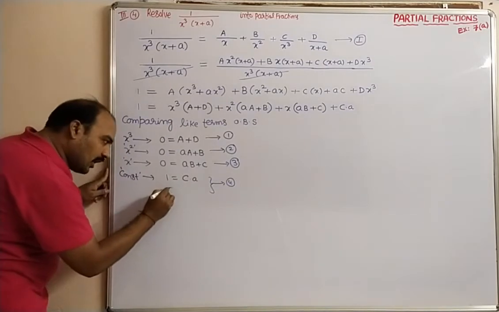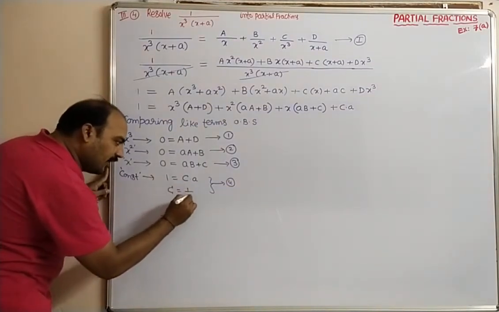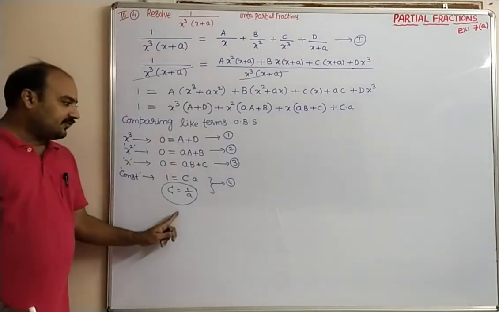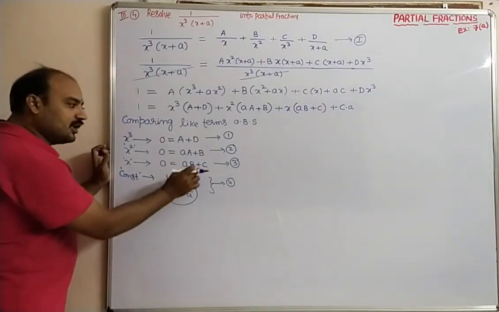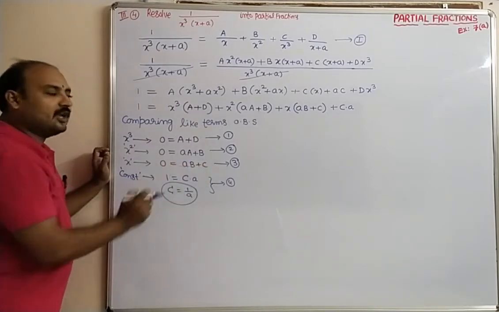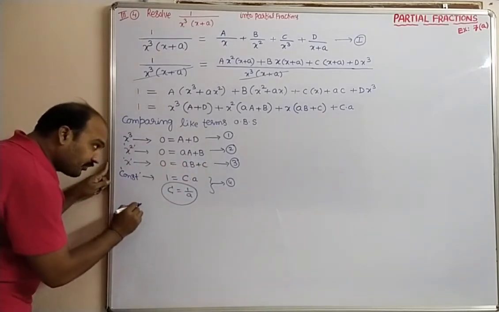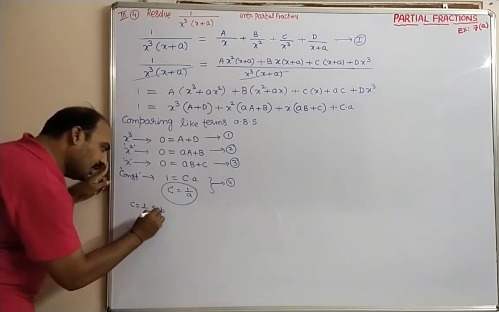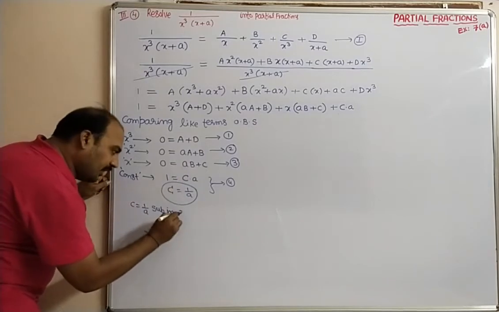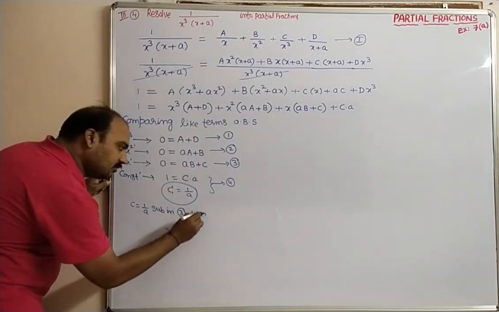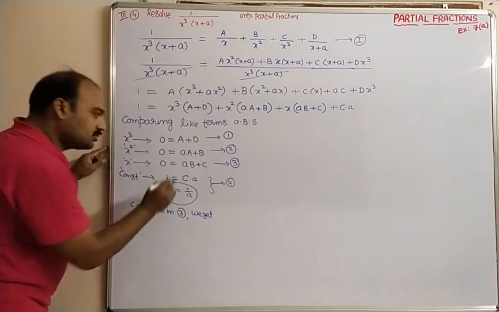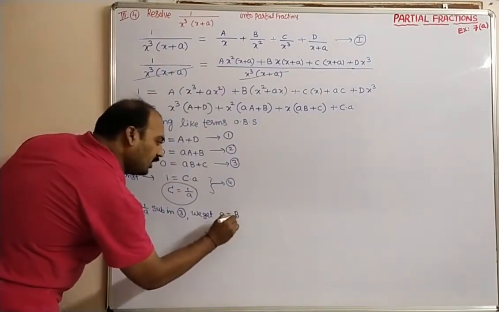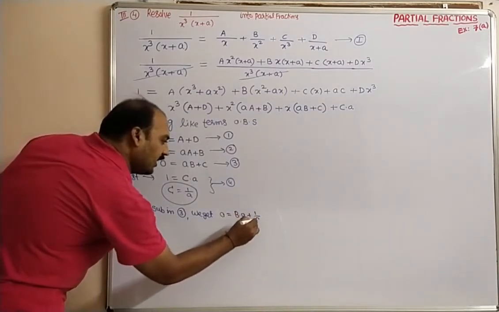From equation 4, capital C equal to 1 by small a, we got the value of C here. After getting the C value, substitute in equation 3, we will get capital B. C equal to 1 by a, substitute in equation 3, we get 0 equal to B into small a plus 1 by a.